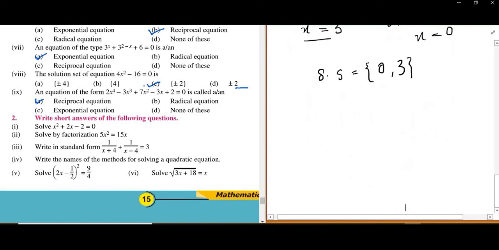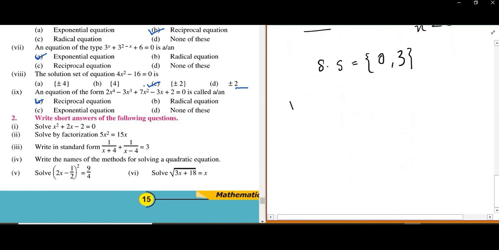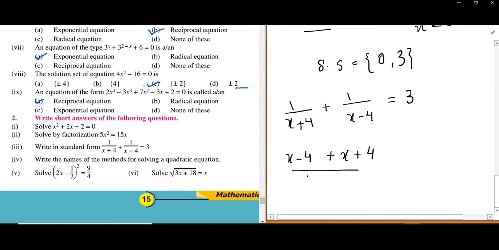Write in standard form. What is the standard form of this? 1 over x plus 4, plus 1 by x minus 4 equals 3. Just take LCM: x minus 4 plus x plus 4, over x plus 4 times x minus 4, equals 3.